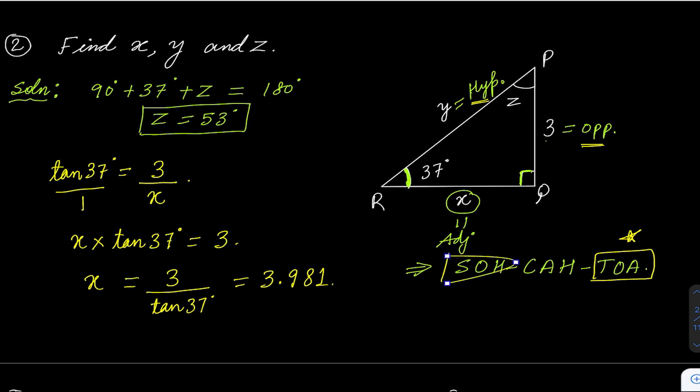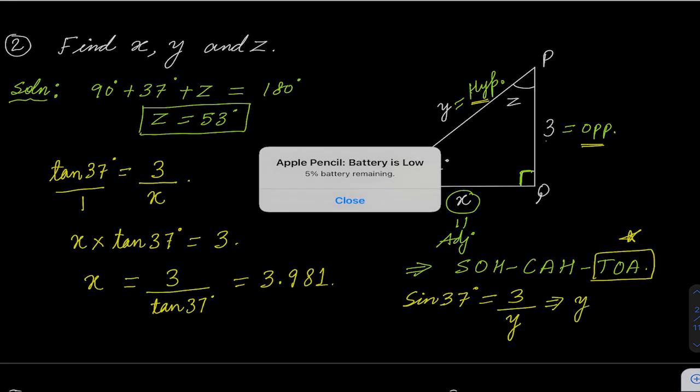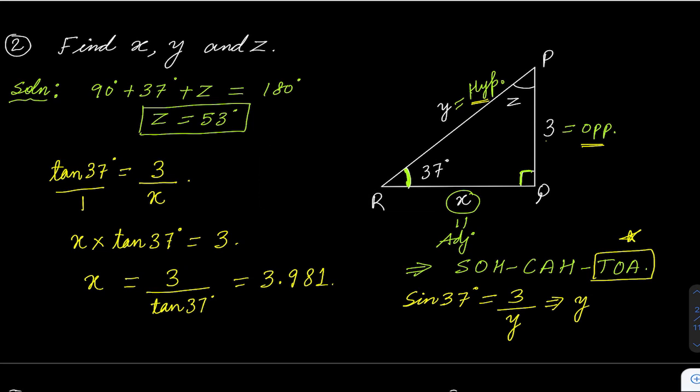So sine of 37 degrees is opposite, that is 3, over hypotenuse, that is y in this case. From this, similarly, y is nothing but 3 divided by sine of 37 degrees. And let's quickly find this.